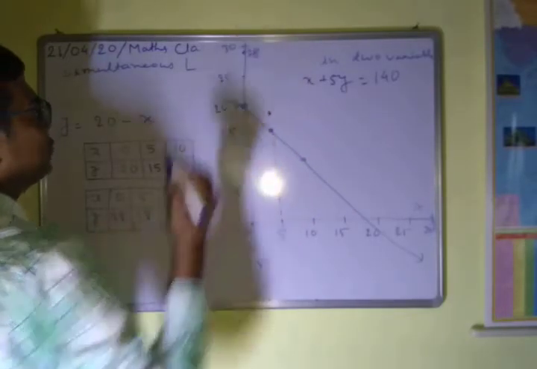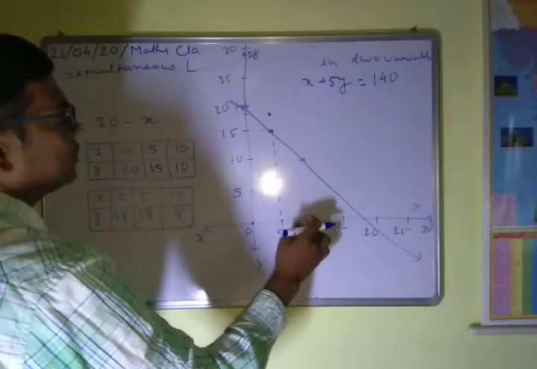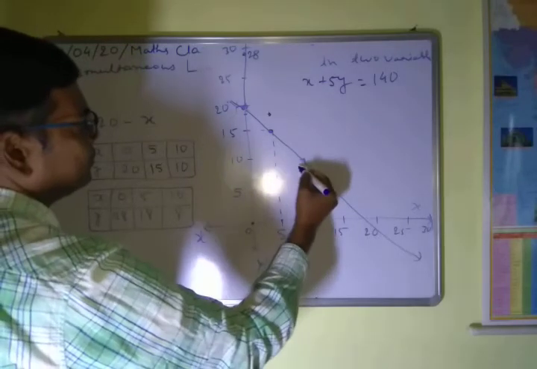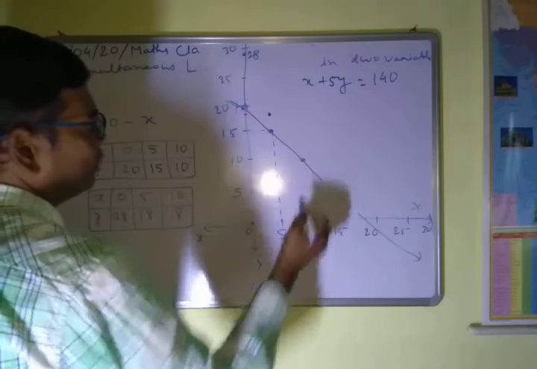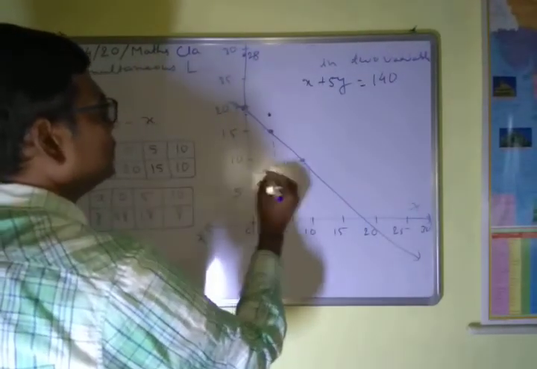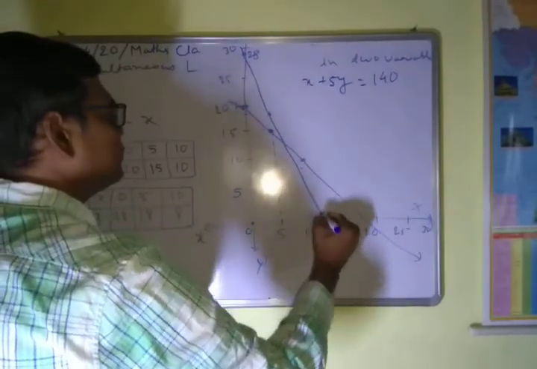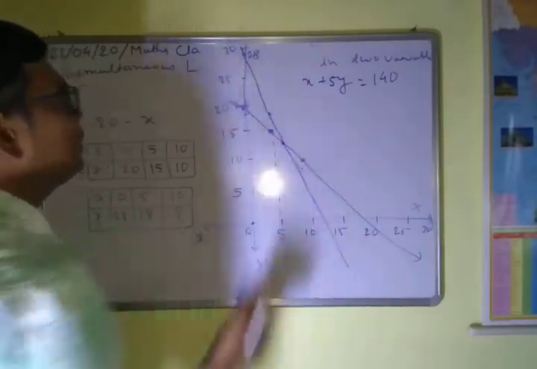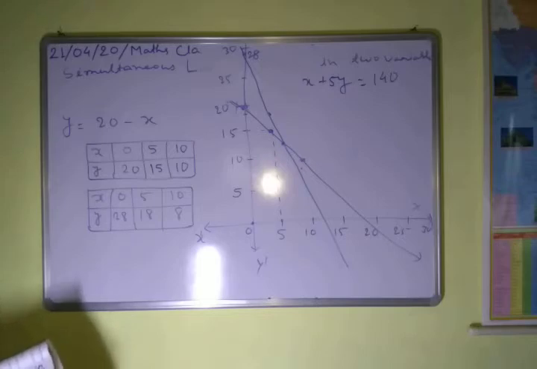Then 10, 8: x equal to 10 and y equal to 8, somewhere like this. Then you will draw the line again, like this. So they are cutting at this point, and if you find, this point will be 8, 12.